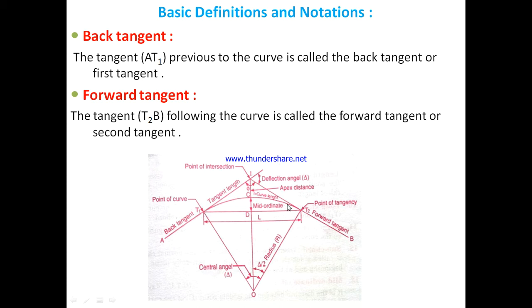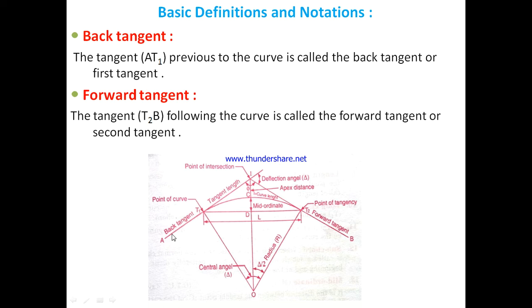curve. So always a curve is provided between two tangents, that is back tangent and the forward tangent. So back tangent means the tangent AT1 previous to the curve is called the back tangent or first tangent.